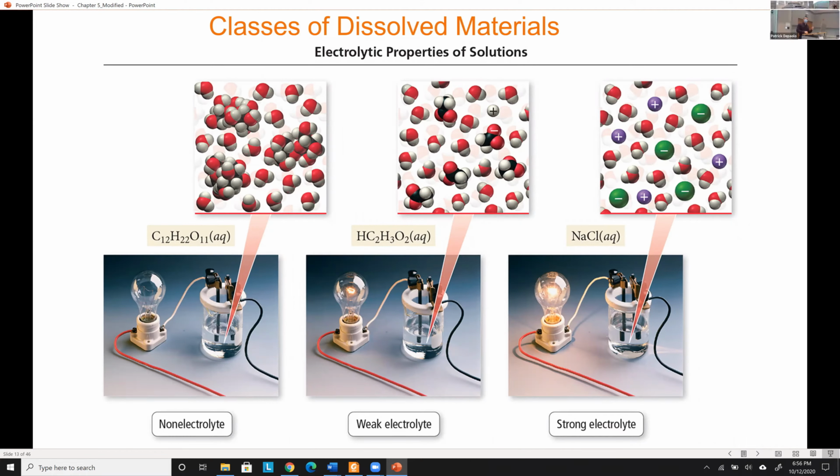Based on everything you learned from chapters 3 and 4, you should know that you have your polyatomic ions, your cations, and your anions. In the weak electrolytes and the strong electrolytes, you can clearly pick out your ions. Even for this weak electrolyte here, there's an H in front of it, so it's probably an acid. And this C2H3O, what ion is that?